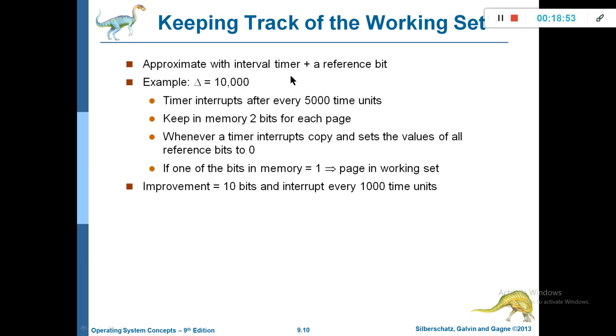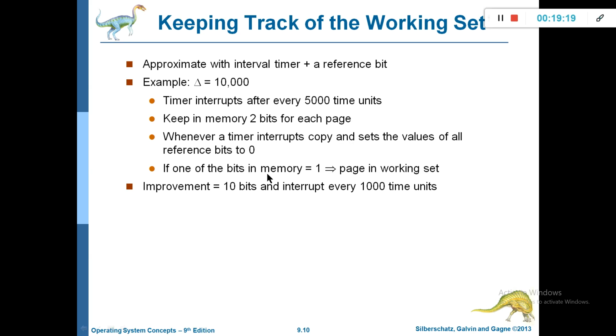We approximate this with an interval timer plus a reference bit, for example, to keep track of the working set. How do we keep track of the working set? If delta is equal to 10,000 instructions, the timer interrupts after every 5,000 time units. Keep 2 bits in memory for each page. Whenever the timer interrupts, copy the reference bit values and set all reference bits to 0.